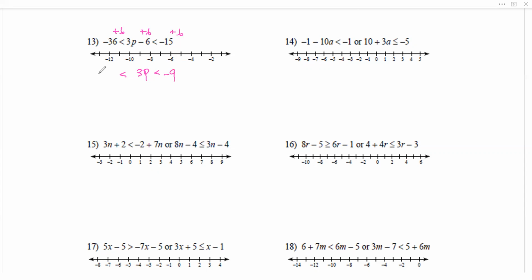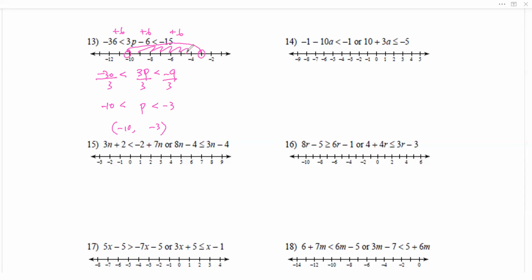All divide by 3. So you got p less than negative 3 and greater than negative 10. So when we write the interval notation, it should be negative 10, negative 3 with this. So negative 10, negative 3 is right here. So you just do this part.